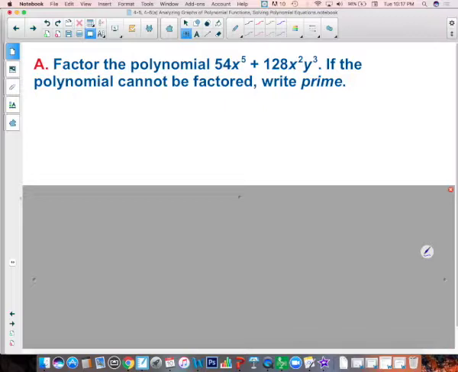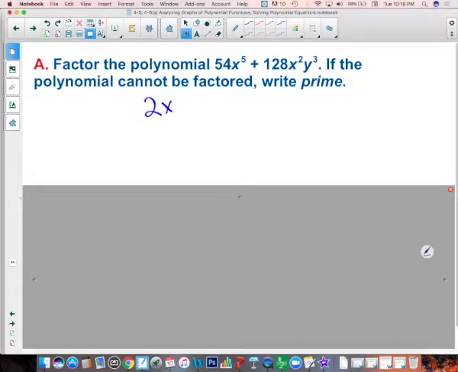So I would start with taking out 2's. 54 divided by 2 gets you to 27. If I take a 2 out of 54, is that going to leave me with a perfect cube? Yeah, 27 is 3 cubed. So let's take out a 2 for sure, because that gets us a 27, which is 3 cubed. And then let's think about the variables that we can take.